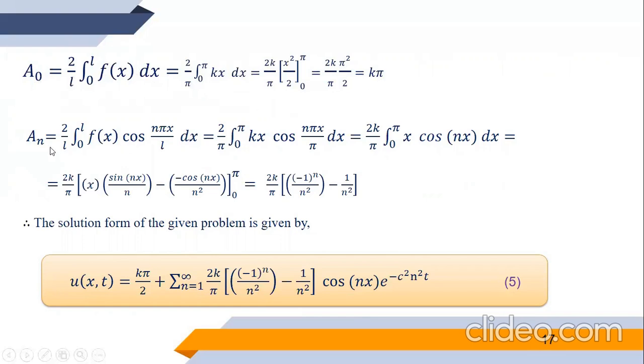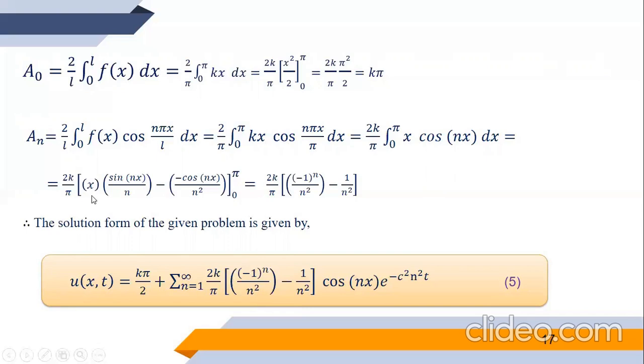Similarly we find a_n. L is replaced with pi, so 2 by pi integral 0 to pi, f(x), the initial temperature distribution, is kx, so kx cos(n pi x by L). L is pi, so pi cancels. So this is equal to 2k by pi integral x cos nx dx. We use integration by parts. We consider x as u and cos nx as v.